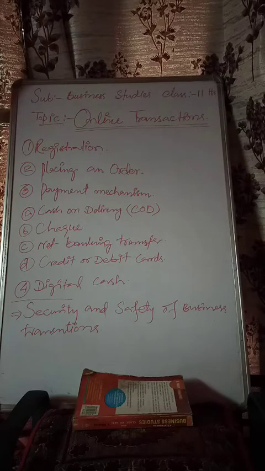Fifth, that is the last one, that is digital cash. Digital cash is a type of electronic currency which is found only in cyberspace. It has no real physical properties but still can be used as a real currency in an electronic format.